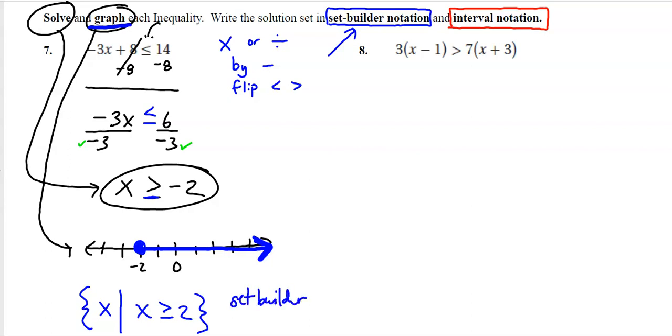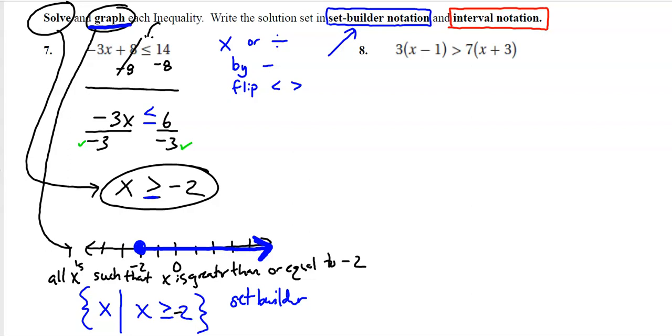So this is set builder. And I basically just read this. This is what it says. It says all x's, okay, such that x is greater than or equal to negative 2.